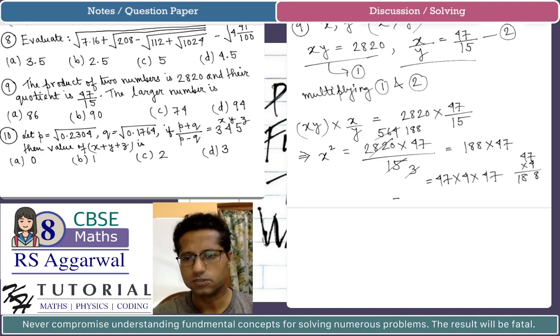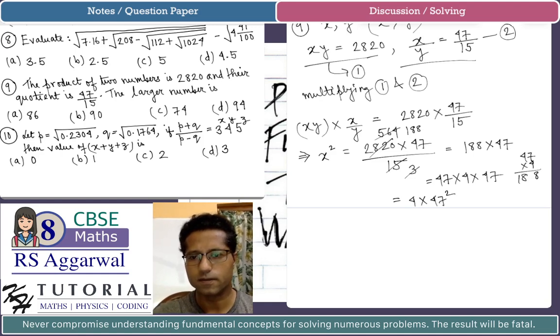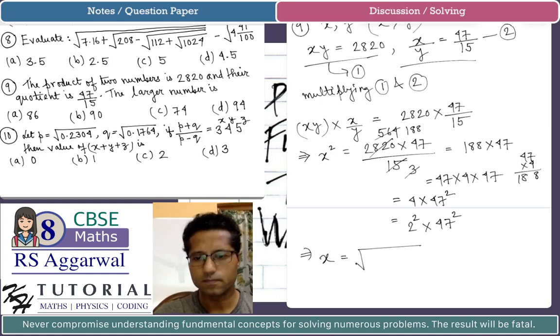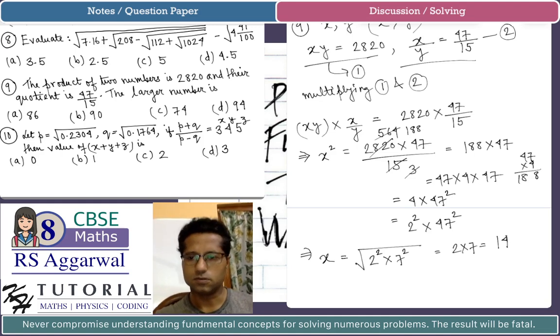And we have 47. So this is 4 multiplied by 47 square, or this is 2 square multiplied by 47 square. So x will be equal to the square root of 2 square multiplied by 7 square. This is 2 multiplied by 7, that is 14. What is wrong?